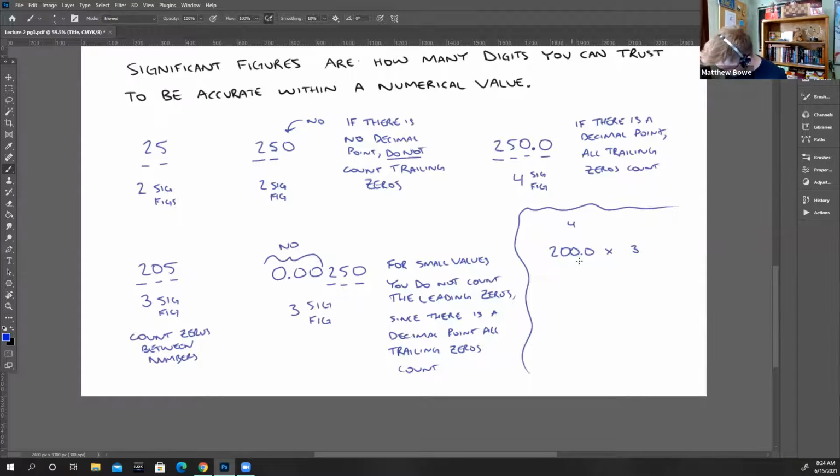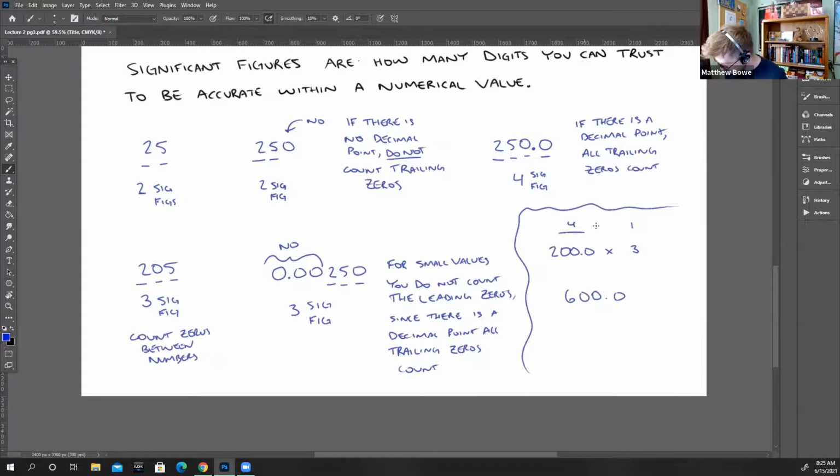The result is going to be what your calculator is going to give you. Actually, let's just say 3. That is just one significant figure. So the calculator is going to give you 6.000. How many significant figures should you trust in your result?